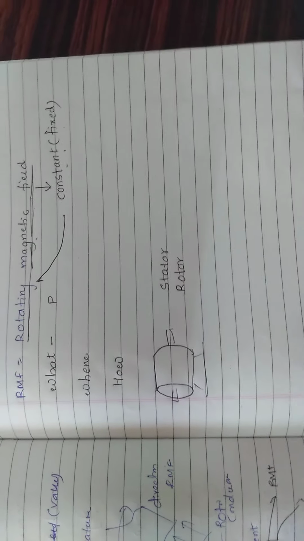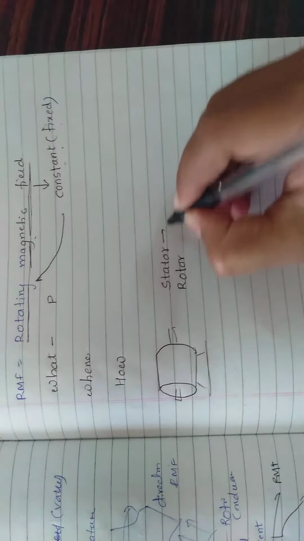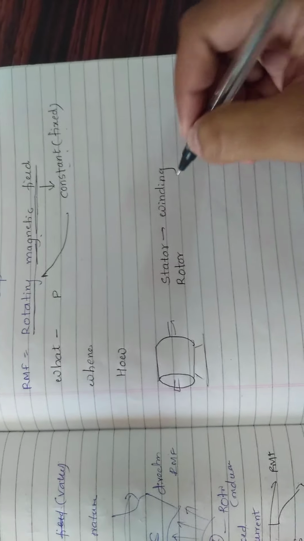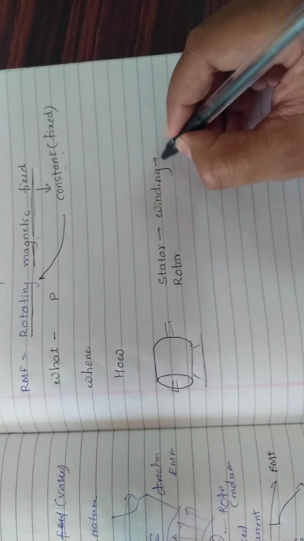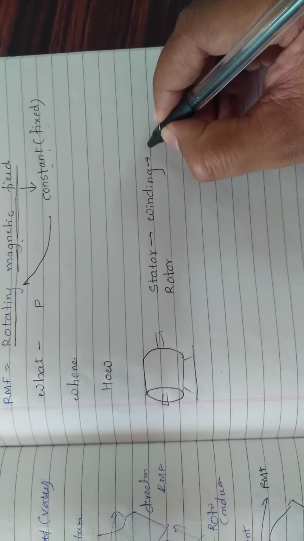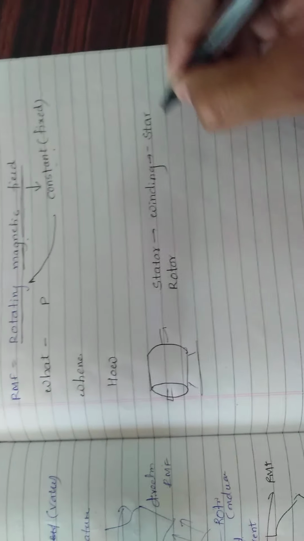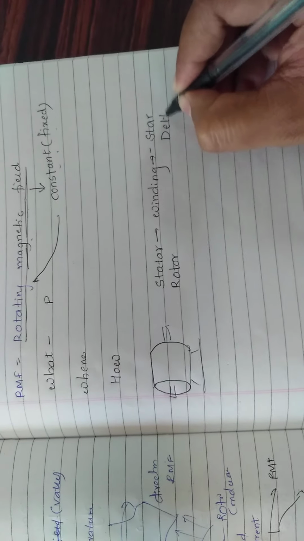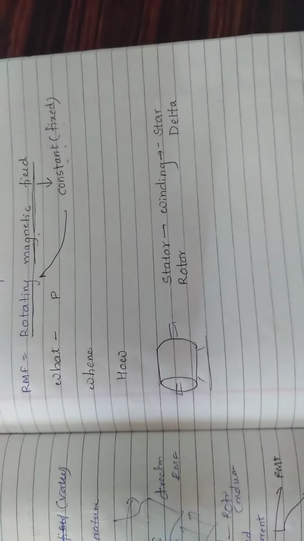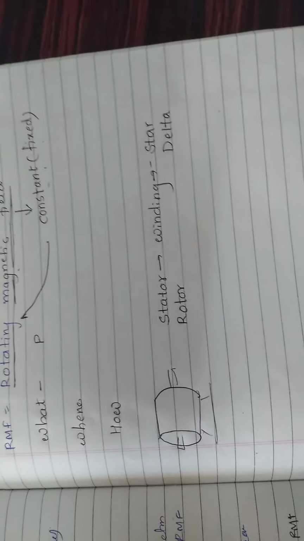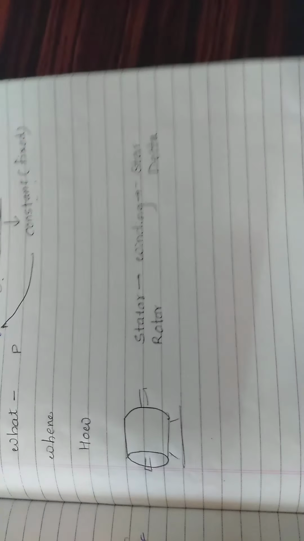The stator is nothing but the winding, so the stator conductors are the stator windings. Stator windings are of two types: one is the star connected stator winding, or sometimes it may be delta connected. In two possible ways we connect the winding, star connection or delta connection.